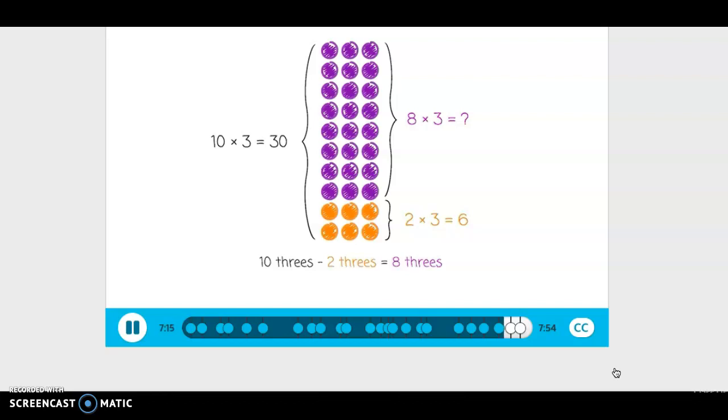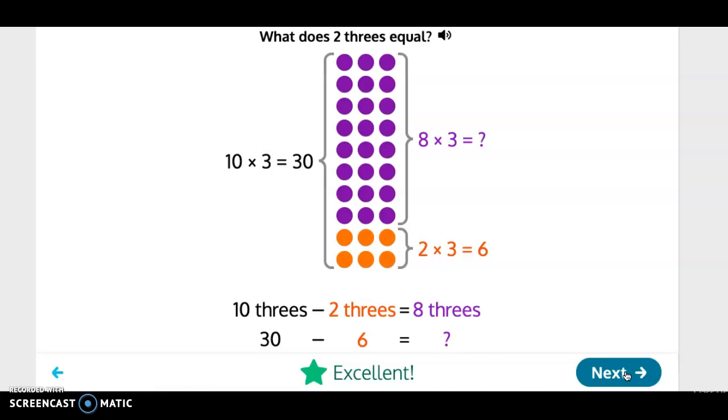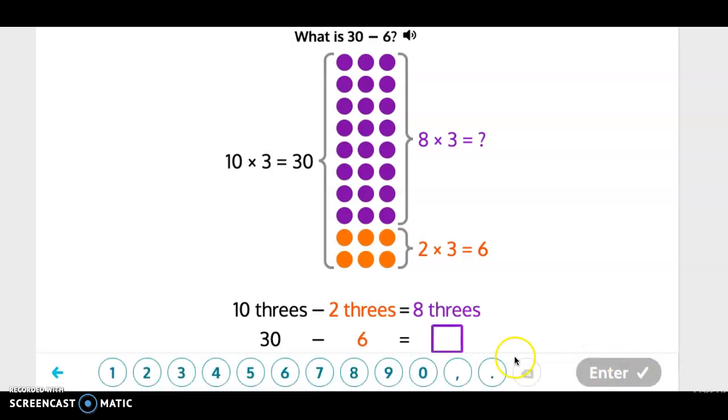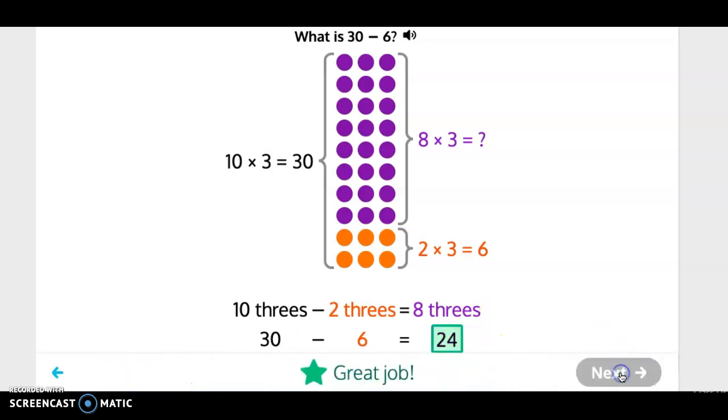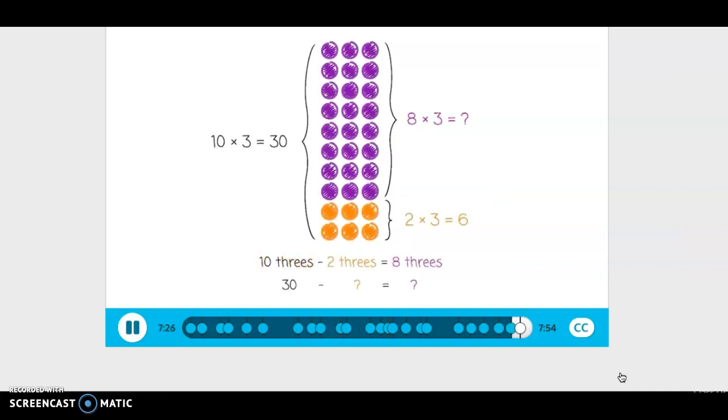Let's rewrite this using numbers. 10 threes is 30. What's 2 threes? Answer, then subtract. Ten threes minus 2 threes equals 30 minus 6, which equals 24.